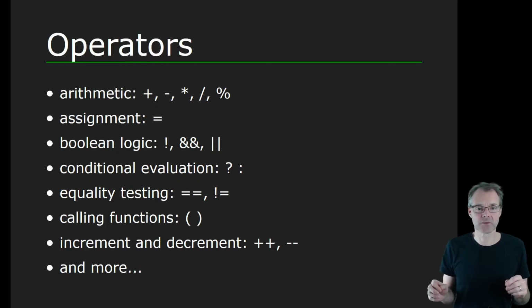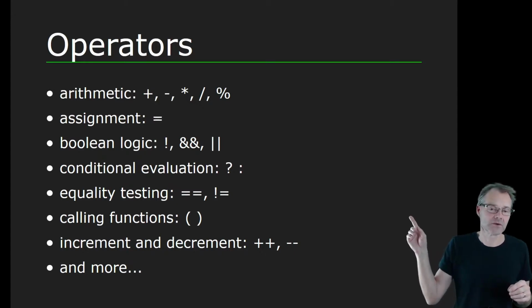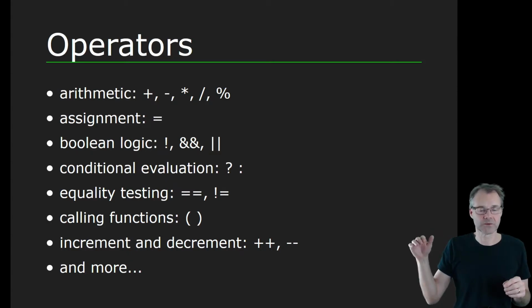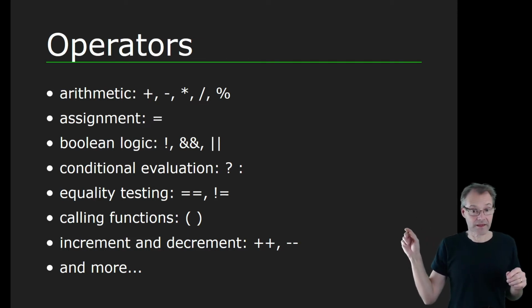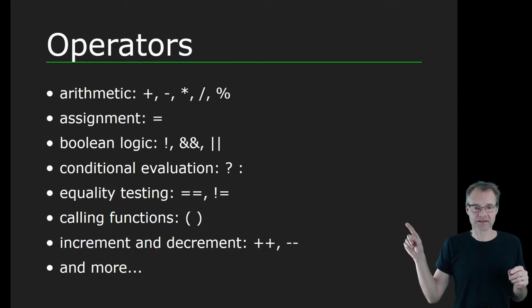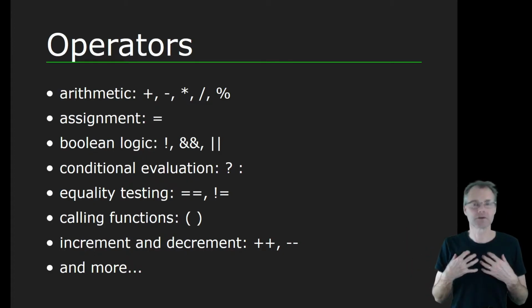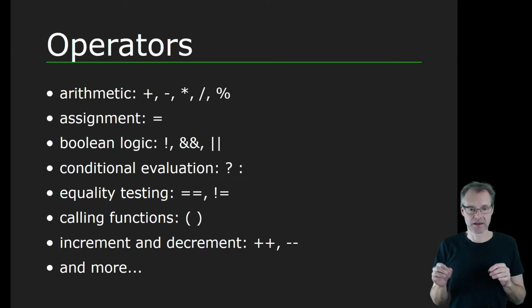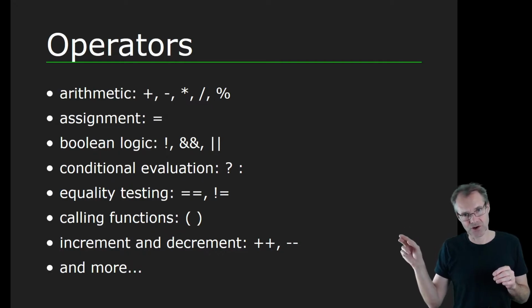We're moving on here with the types of operators, and these are also equal to, I guess, any general programming language you might have seen before. We can do a lot of calculations, we can do assignments, and we do Boolean logic with not, and, or. We can do conditional evaluation with a question mark, which could also be called a ternary operator in other languages: question mark, colon.